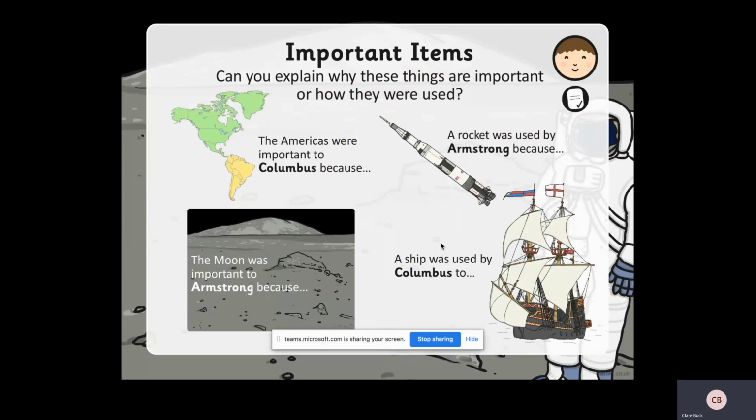So the Americas were important to Columbus because... a rocket was used by Armstrong because... why didn't he travel in a car? A ship was used by Columbus to... and the moon was important to Armstrong because... So these are questions I'd like you to really think about and answer after you've done your sorting activity.